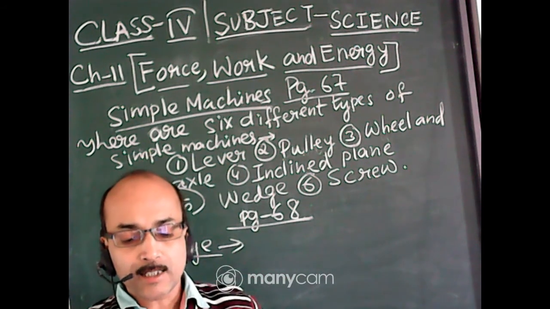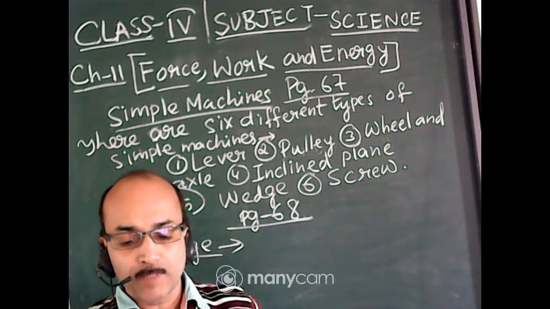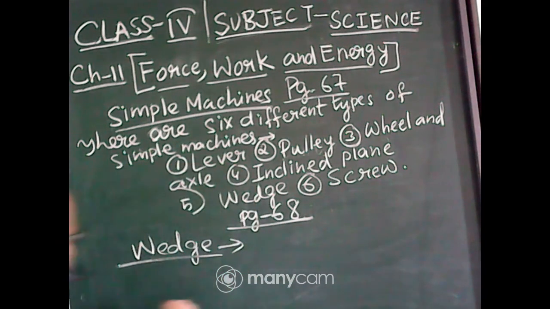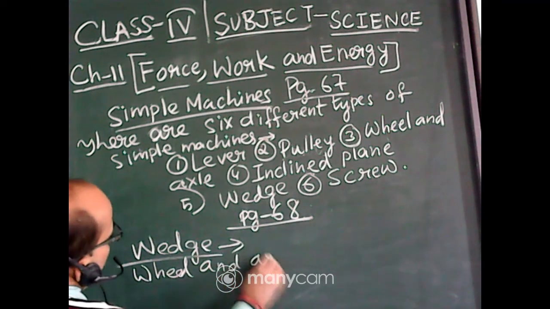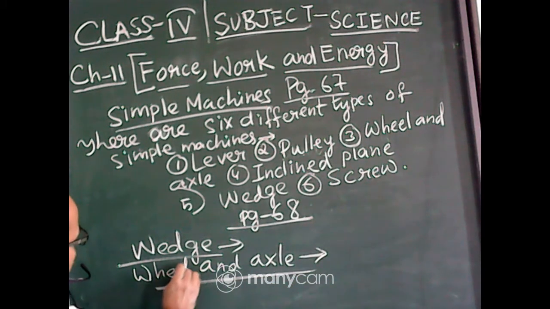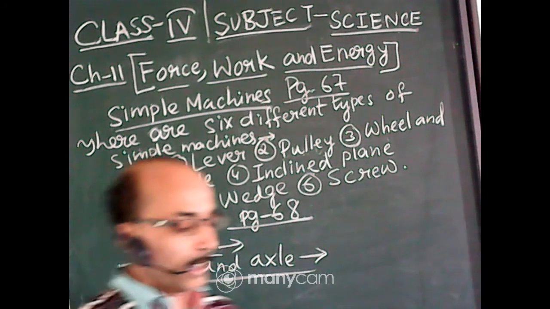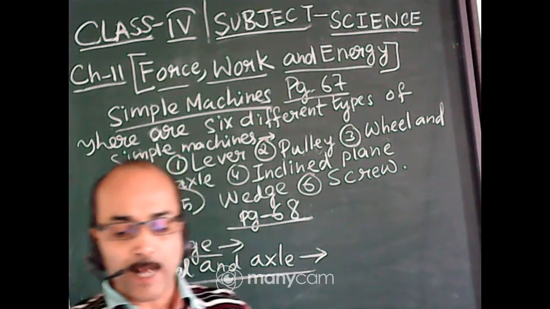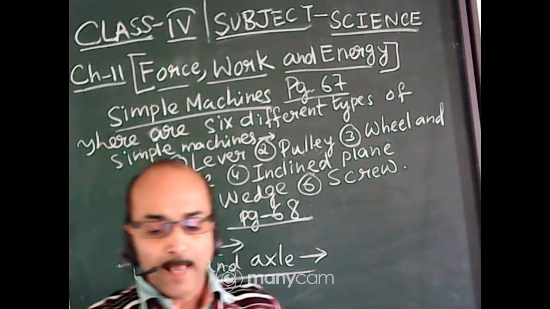Then wheel and axle. Wheel and axle arrangement is made up of a wheel and a rod.